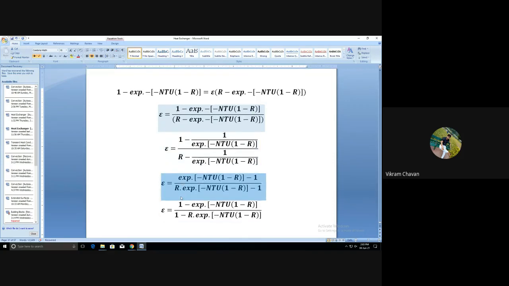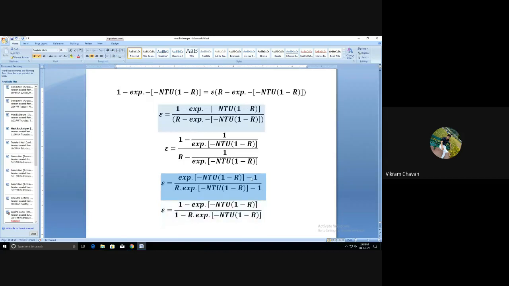And we will get the equation as effectiveness is equal to exponential of [NTU (1 minus R)] minus 1 whole divided by R multiplied by exponential of [NTU (1 minus R)] minus 1.